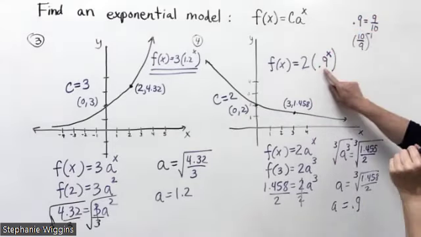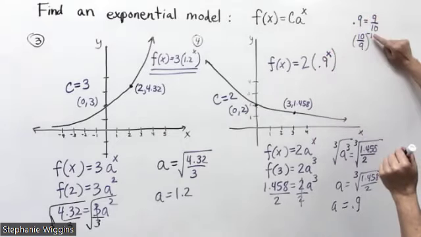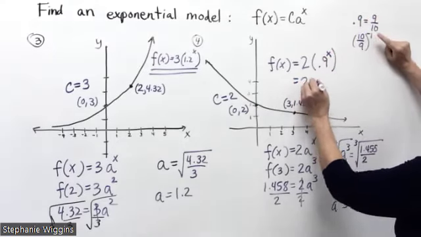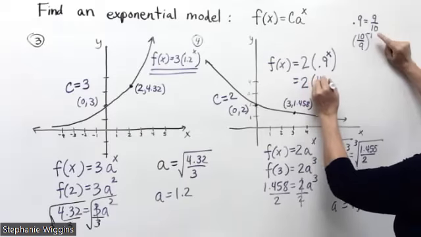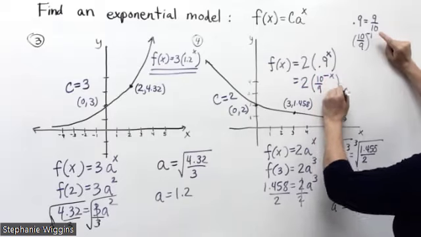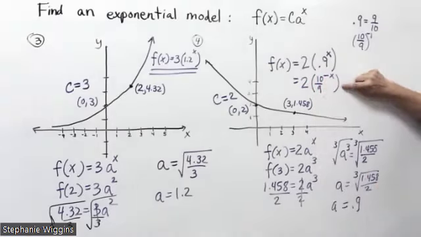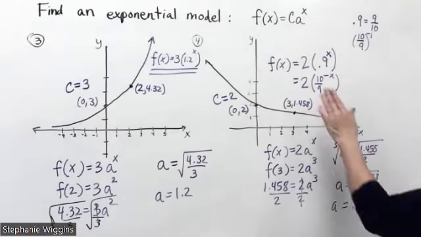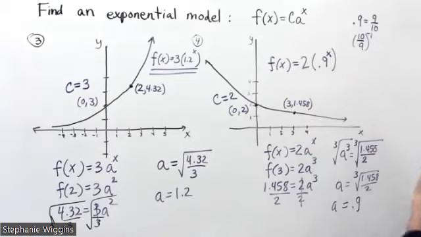So if I want to, I can replace this with 10/9 to the power of -1, and I get 2 times 10/9 to the negative x. So both representations are accurate. But if you're just looking for A, I would go with the first one.